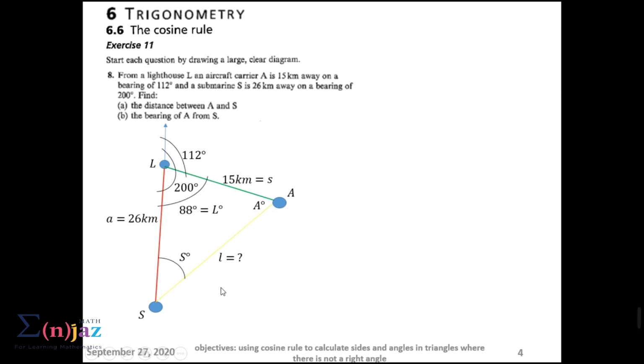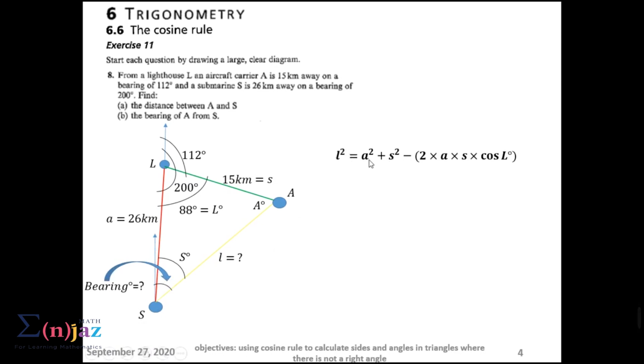To do so, we start with L squared. L squared is equal to A squared plus S squared minus 2 times A times S times cosine of angle L. L squared is the unknown side.